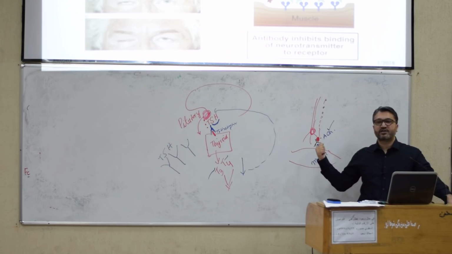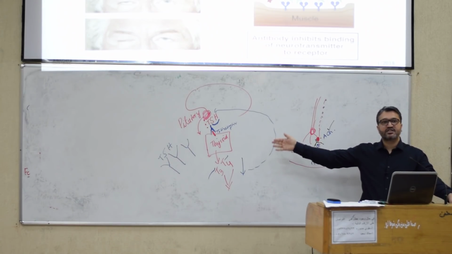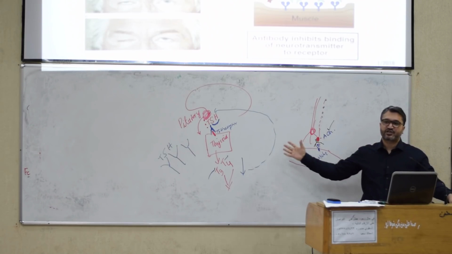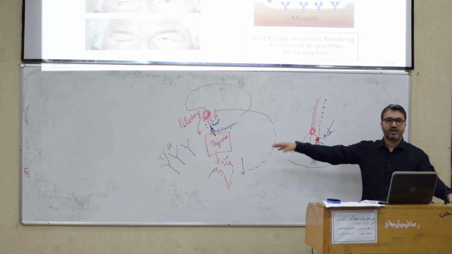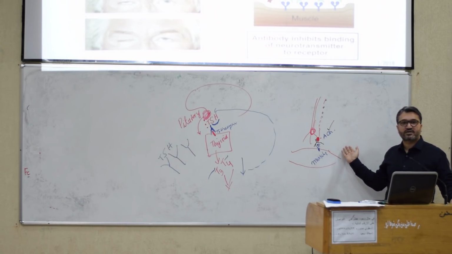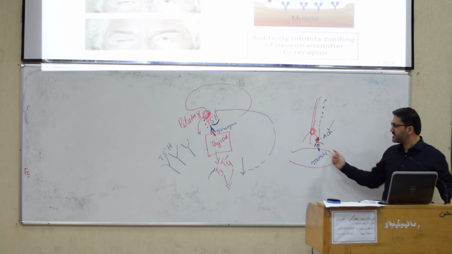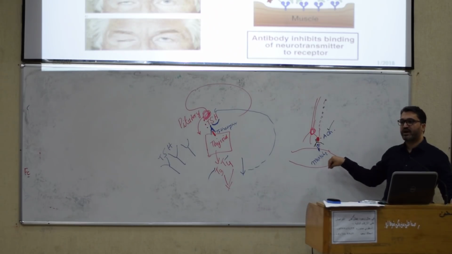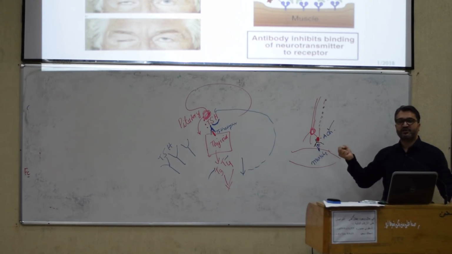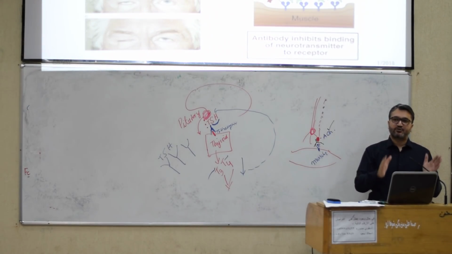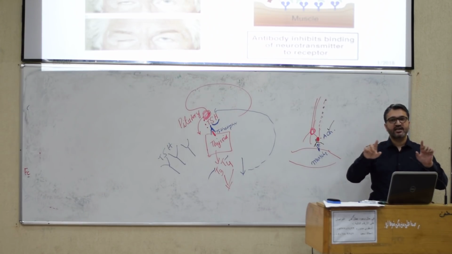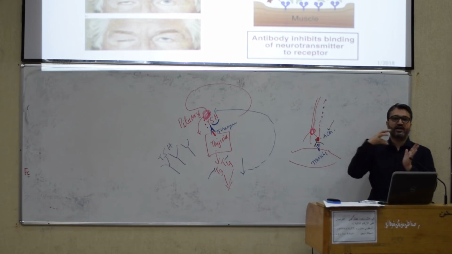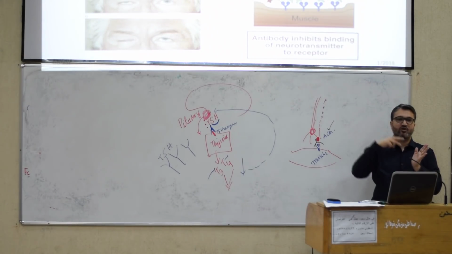Then abnormal functions, whether Graves' disease or thyrotoxicosis, where the function was enhanced by an extra signal through the receptor, or the receptor was blocked, as in myasthenia gravis, where the acetylcholine receptor is blocked and acetylcholine cannot bind to cause muscle contraction. So in type 2 hypersensitivity, the main concept is the same. The antigen is present on the cell or in the tissue, and the antibody will go and bind.